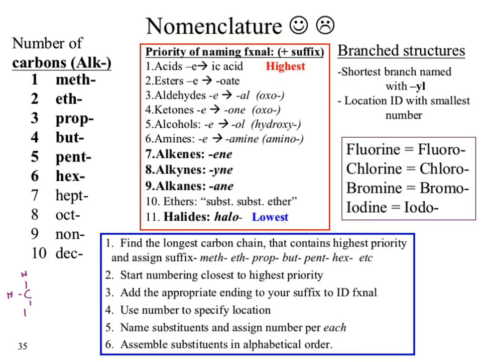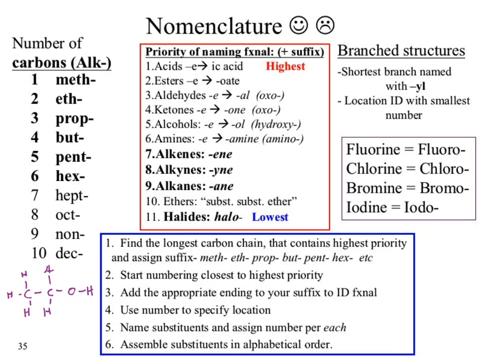Everybody see that lower left? Looks decent. How many carbons? 2 in a chain, so we'll call it eth. That's our main root. Now we want to address the hybridization of the carbons. What is the hybridization of all those carbons? They're all sp3 hybridized, and sp3 hybridized carbon gets the alkane ending.